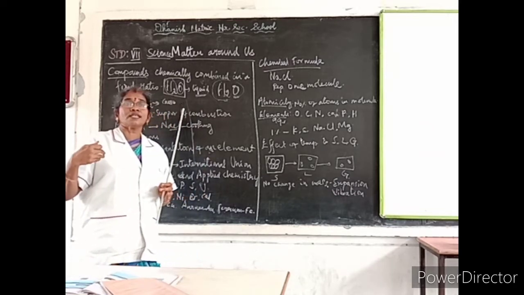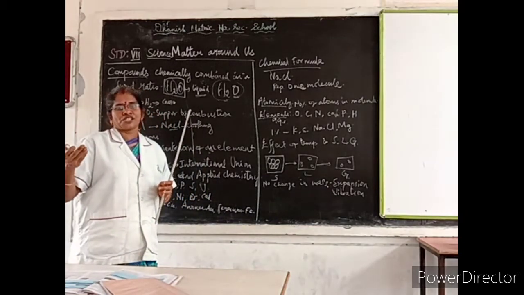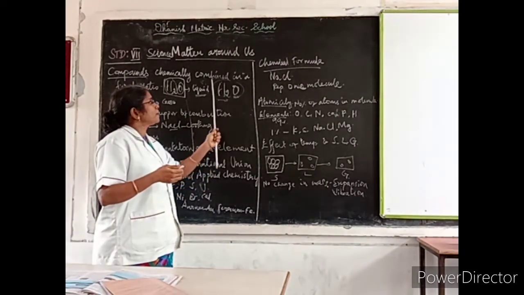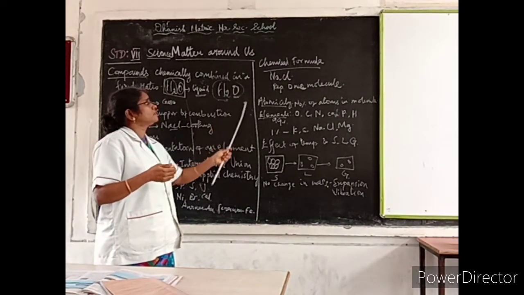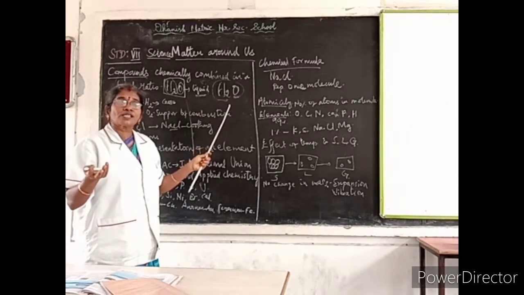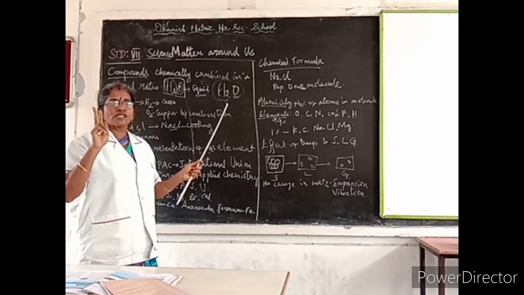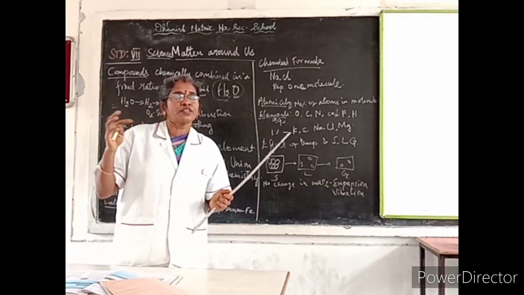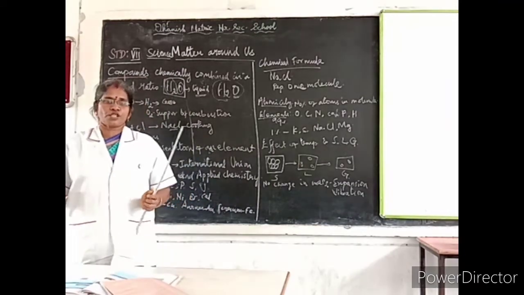So oxygen is the supporter of combustion. Combustion means burning. But after this oxygen is combined with hydrogen to form water, it is used as a fire extinguisher. So the second point: the properties of a compound are different from those of the constituent elements.